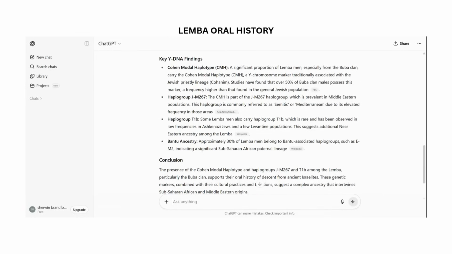This DNA signature is actually the DNA signature of people who the Lemba mixed with in Babylon. Remember, I mentioned haplogroup J, Babylonians and Persians. These people infiltrated the Jews, that segment of the Jewish exile that later became the Lemba people, infiltrated the Levites among them.